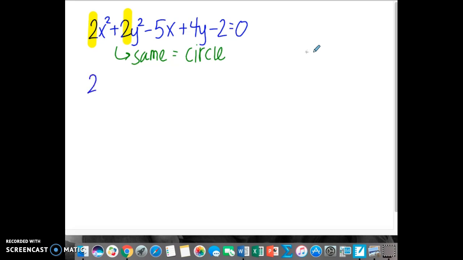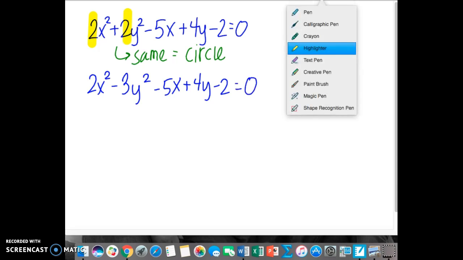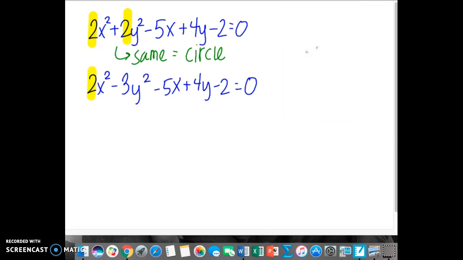If we have 2x squared minus 3y squared, then we can leave everything else the same. Again, we're just going to be looking at the coefficients out in front of the x squared term and the y squared term. We have a 2 and a 3.